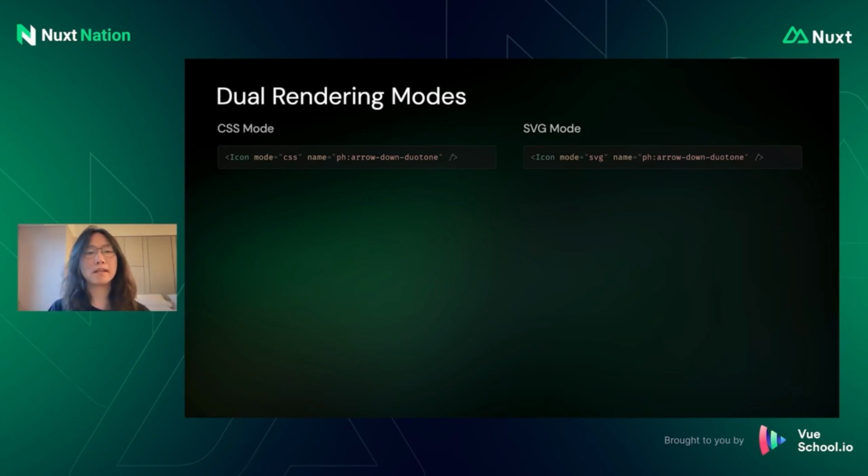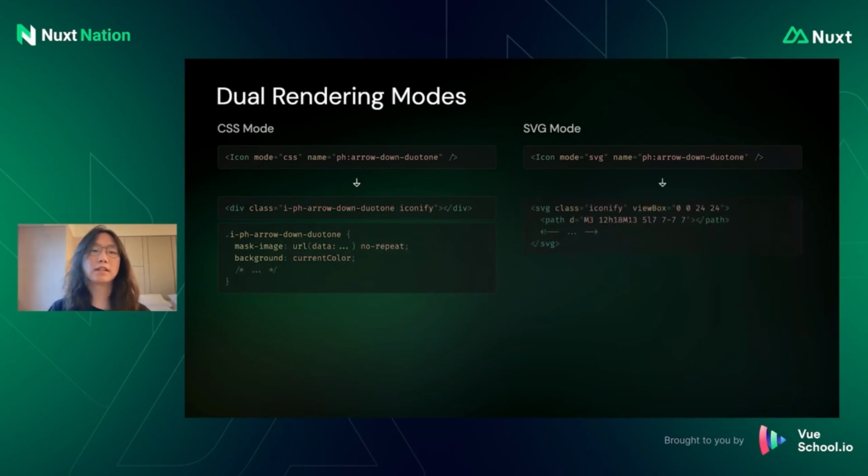Depending on how much customization you need, you can switch between the two modes per icon. For CSS mode, the icon will be included in the CSS from SSR, while in SVG mode, the icons will be flattened into the inline HTML during SSR. Both approaches allow you to render the icons on the initial screen without the runtime cost.